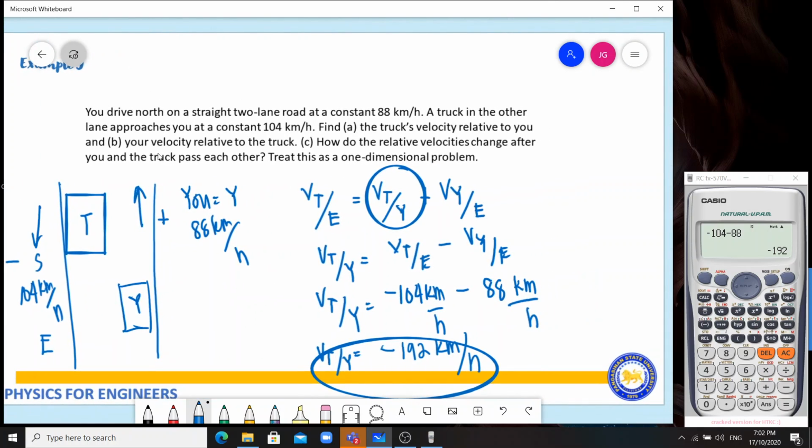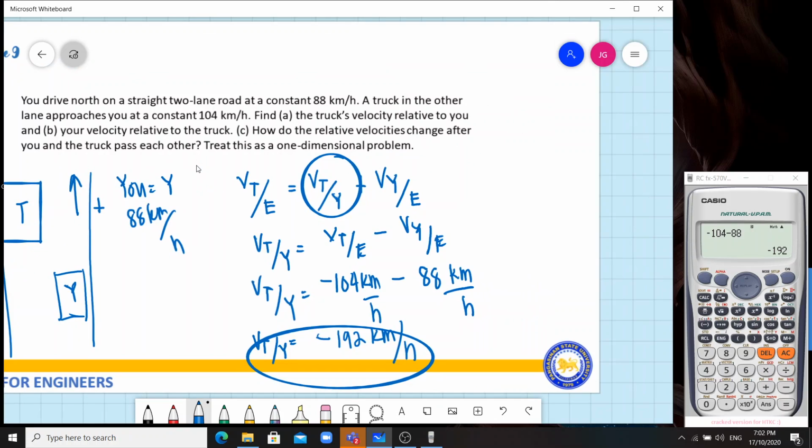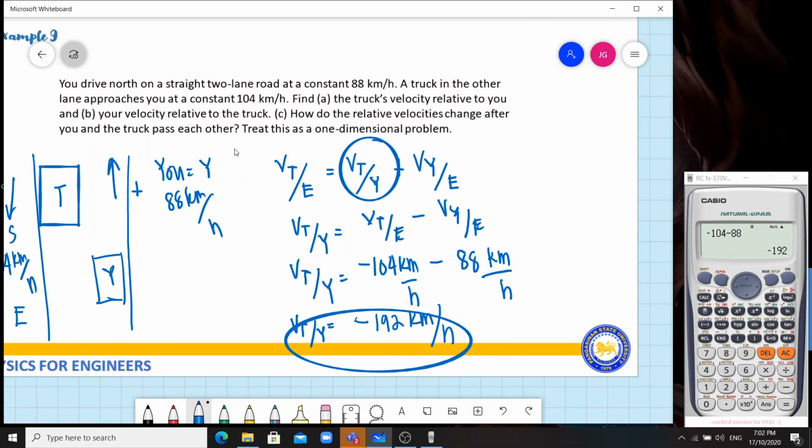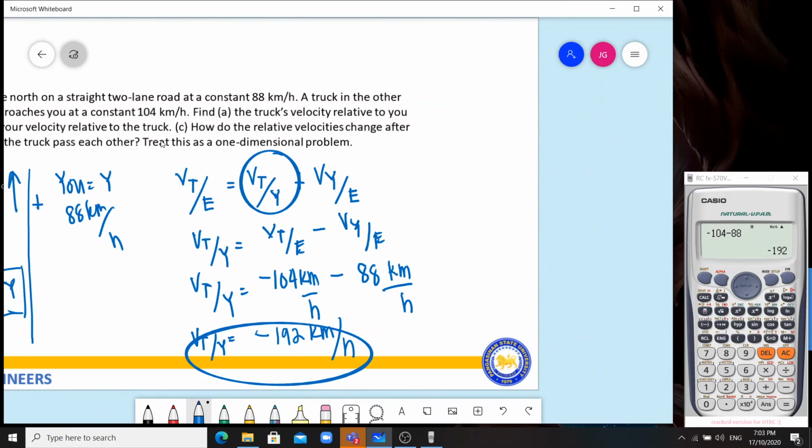Now, hanapin mo rin daw yung your velocity relative to the truck. Okay, ang hinahanap natin is your velocity relative to the truck.